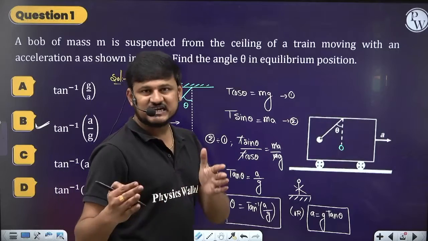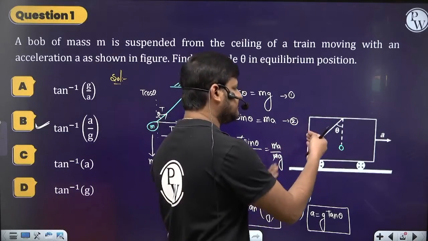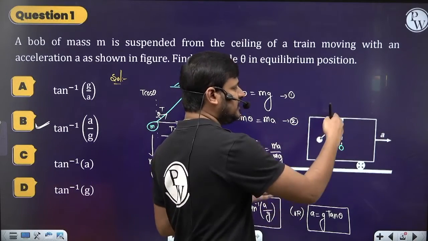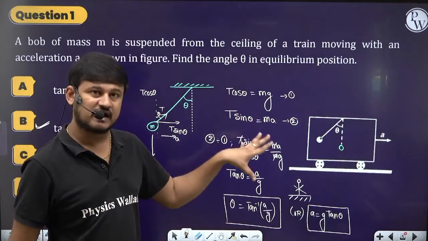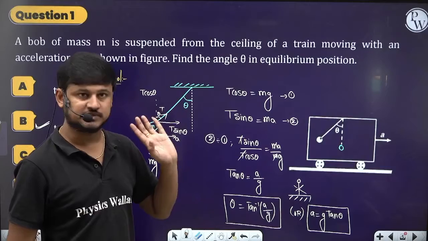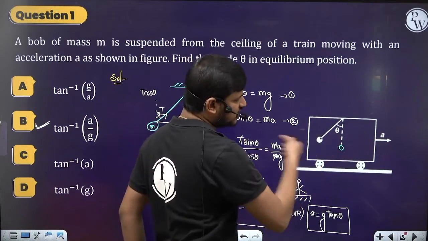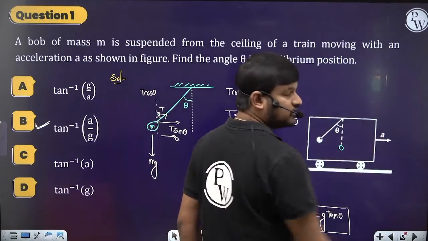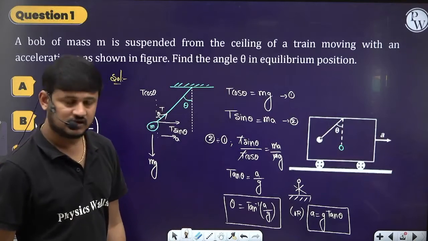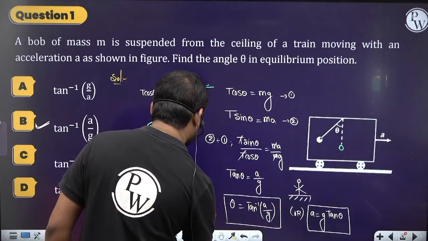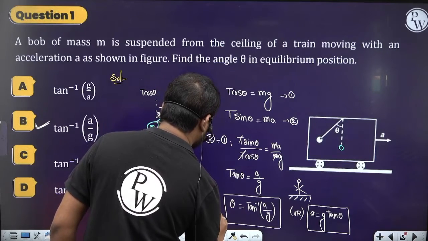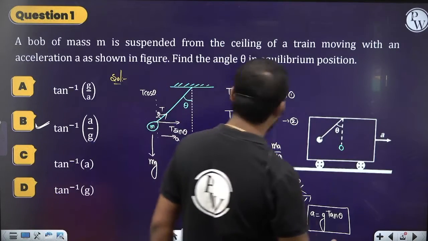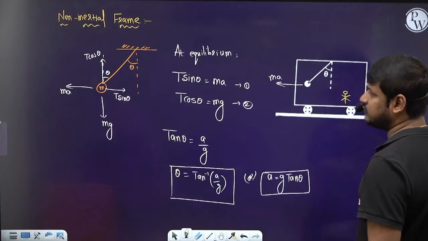If the acceleration is to the left, then it will be tilted to the right. Direct questions were asked based on this concept. Understood the concept everyone?